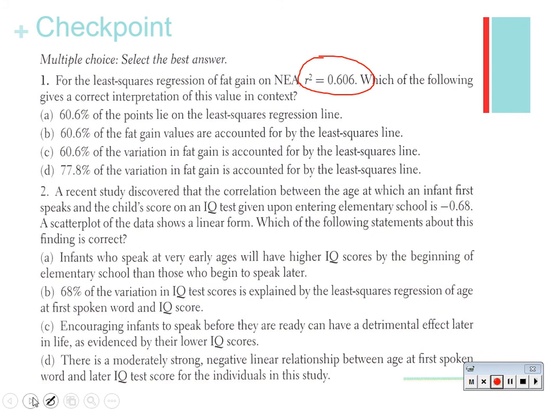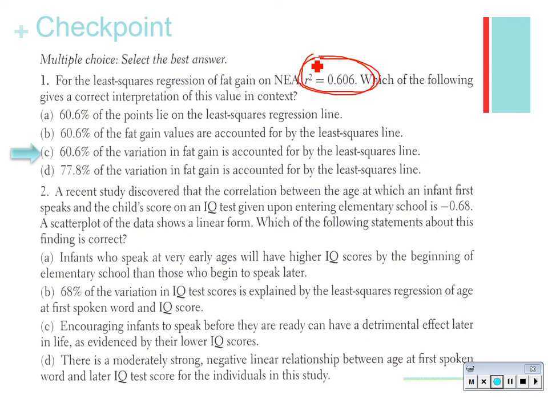The answer to this one was C, because if we were interpreting this r squared value, we would say that 60.6% of the variation in fat gain is accounted for by the least squares regression line.